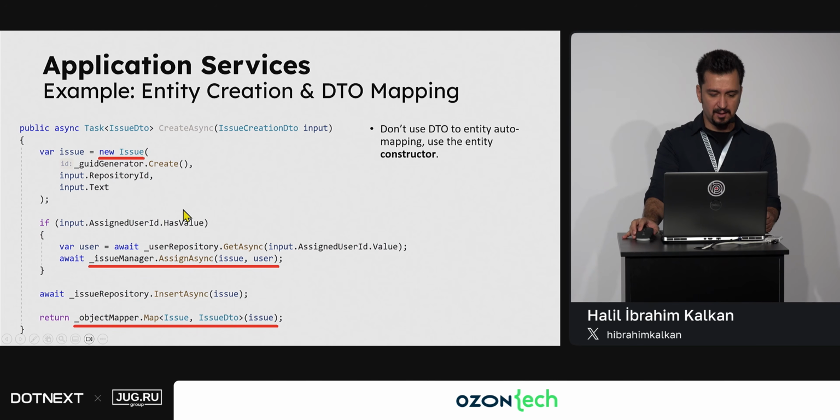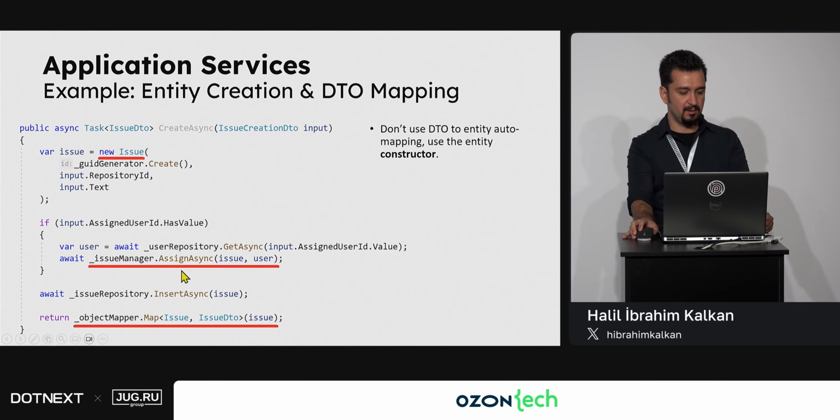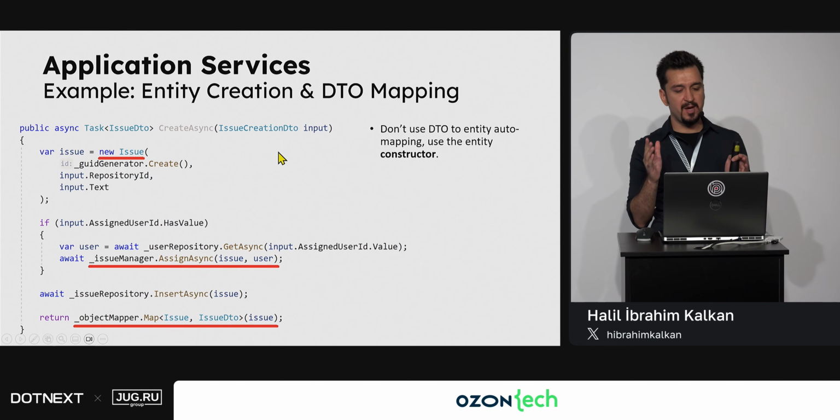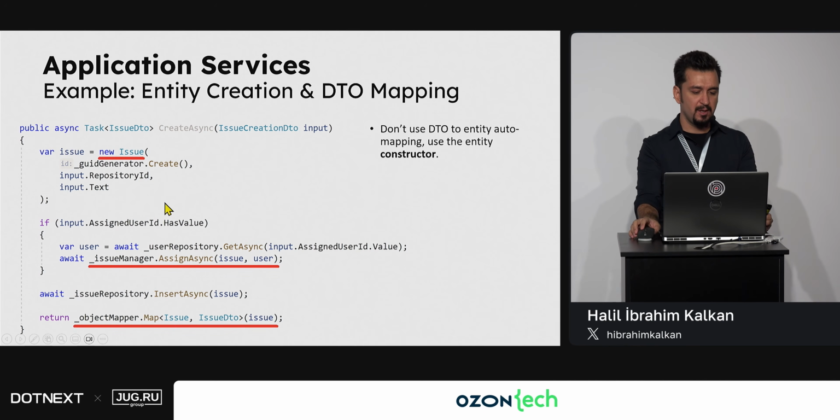Then, if the input DTO has an assigned user ID value, we use the issue manager to assign this issue to the user. If we blindly map the data transfer object to the issue, then we skip this business logic.